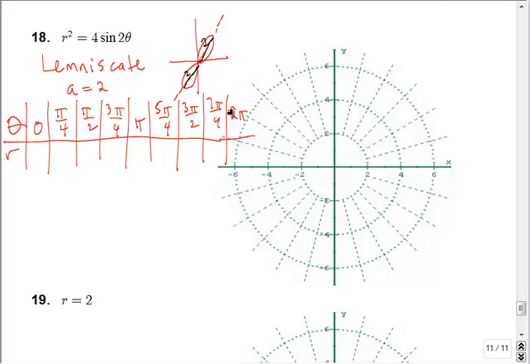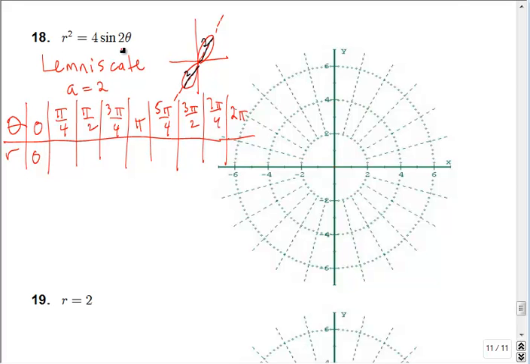So all those quadrant angles as well as all of the pi over 4 angles. So let's start with 0. If we plug in 0 for this theta, 2 times 0 stays 0, sine of 0 is 0, 4 times 0 is 0, and when does r squared equal 0? Well, obviously at 0.